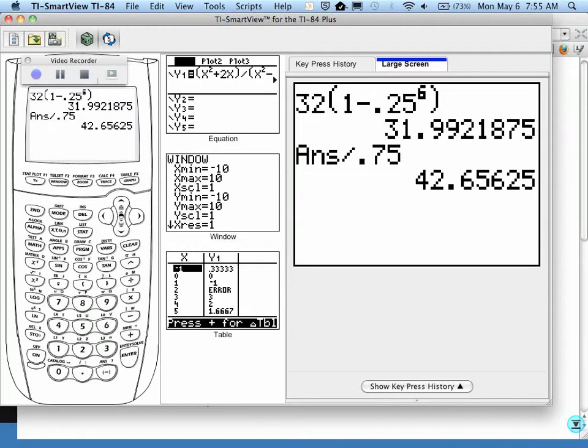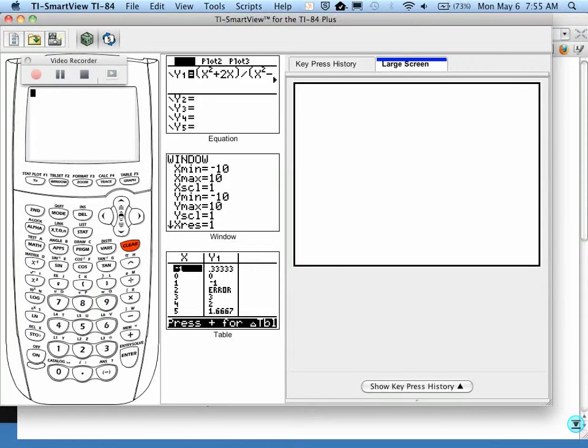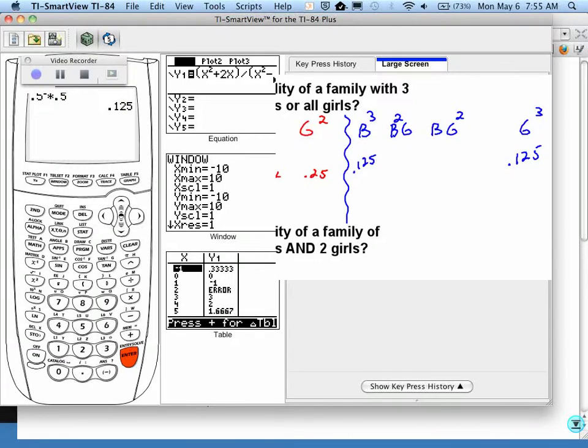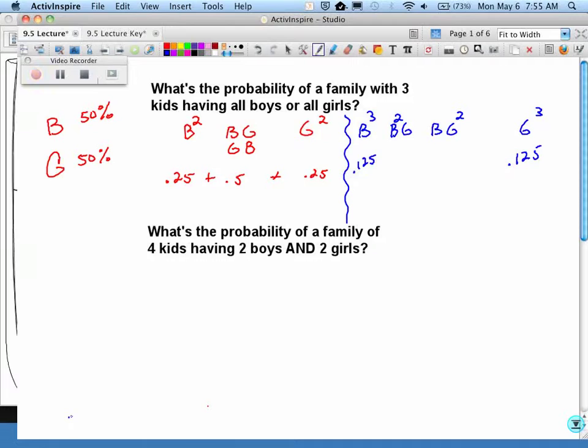You go 0.5 for the boy, and we're saying we have 2 of them, times the 0.5 of the 1 girl. Oh, I'm sorry. We got to do one more thing. With this, how many different ways can you have that?